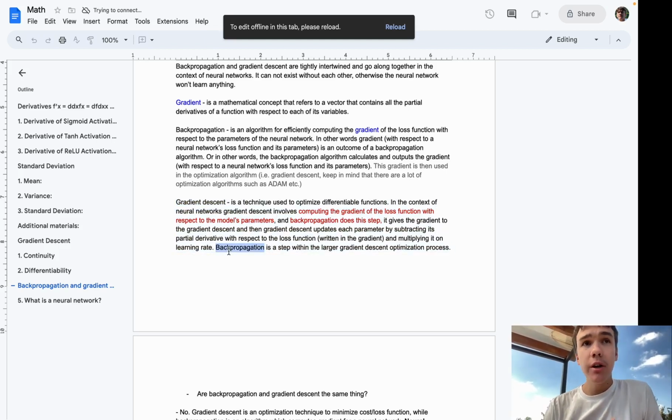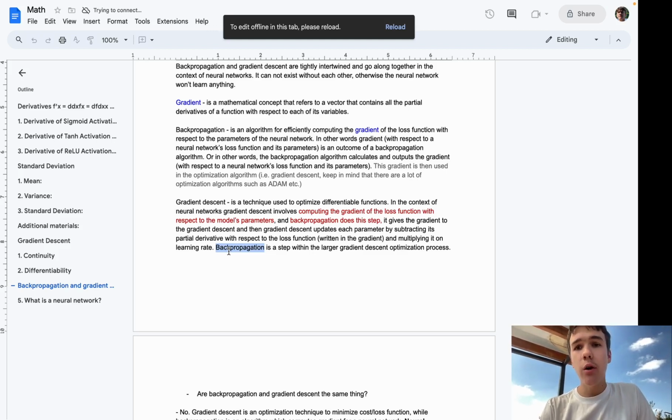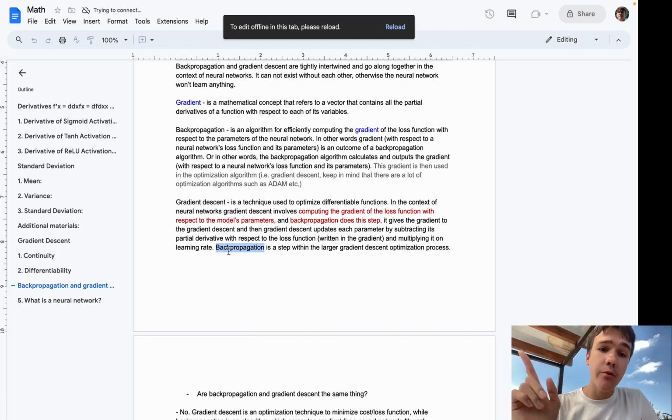I think this is the big gap, because always when we talk about neural network contexts, we think that backpropagation is what does all the training. All the YouTubers and all the people say that we're going to implement backpropagation, but actually they are implementing backpropagation inside gradient descent.